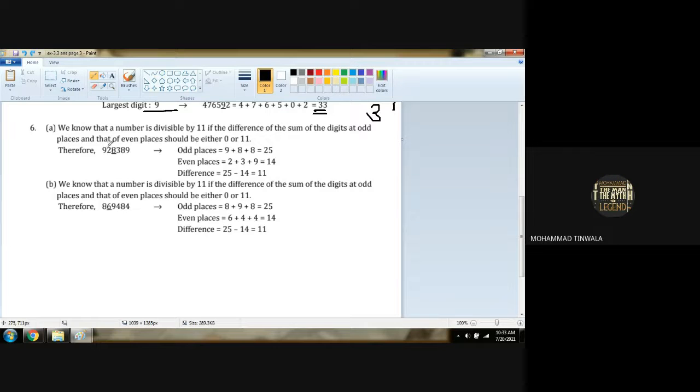So 9 is odd, 8 is odd, and again 8 is odd. So 9 plus 8 plus 8 is 25. Any doubt? Then 2 is even, 3 is even, and 9 is even. 2 plus 3 plus 9 is 14. Is that clear? So 25 minus 14 is 11. So 11 is divisible by 11. Yes. So in that blank, the number will be 8. Any doubt here?